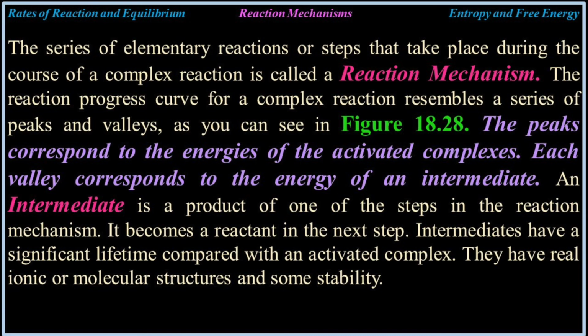An intermediate is a product of one of the steps in the reaction mechanism. It becomes a reactant in the next step. Intermediates have a significant lifetime compared with an activated complex. They have real ionic or molecular structures and some stability.